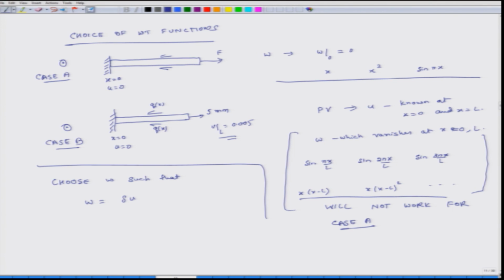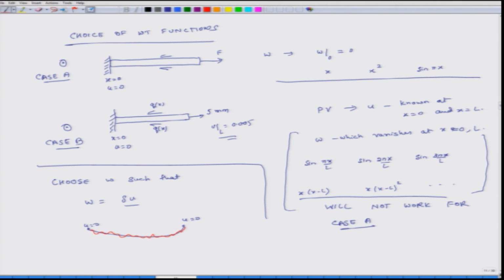And if you remember our discussion of variations, the variation of U, suppose you have a string and u is 0 at this end and u is 0 at this end, then the variation of u could be any function as long as, no, not small, because the smallness is dictated by that amplitude alpha, if you remember, as long as it does not violate the end conditions, right.